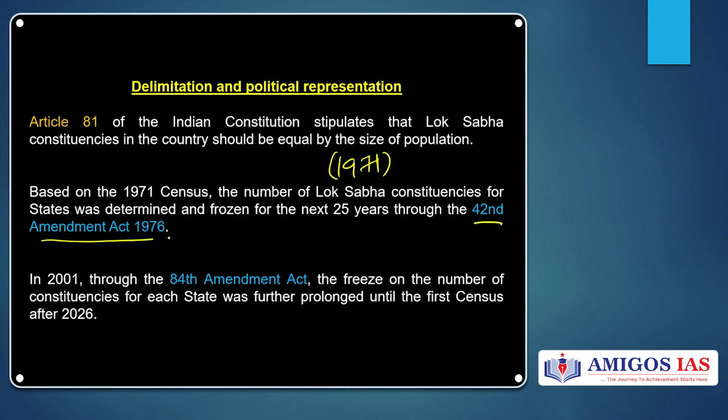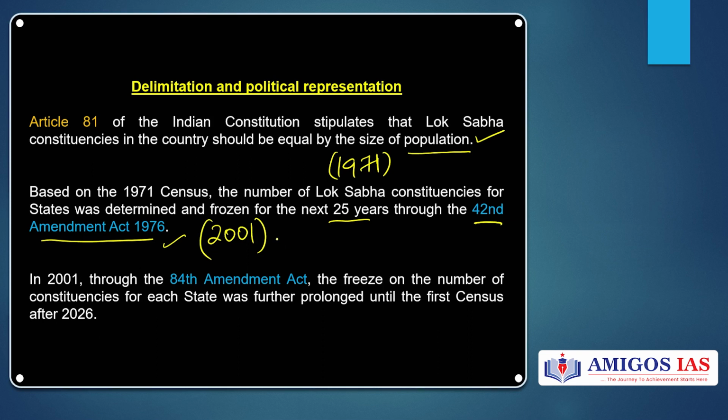As per this amendment, if we keep on increasing the size of the constituencies based on population, some states having more population will stand to gain. That is why the government at that time brought the amendment, and they froze delimitation for the next 25 years, that means from 1976 to 2001. At this time, the Vajpayee government was in power.